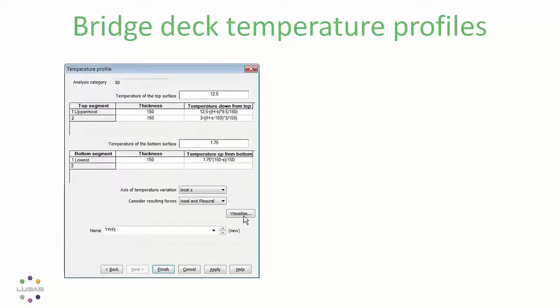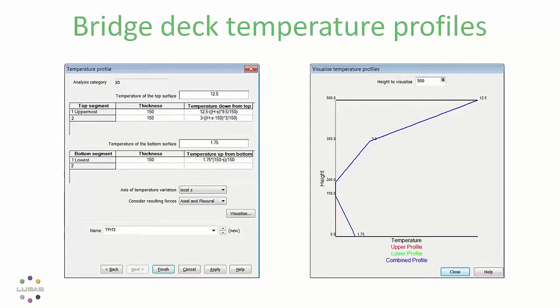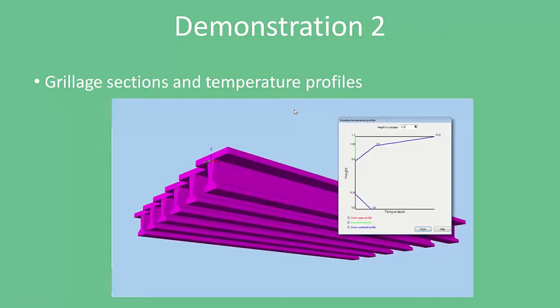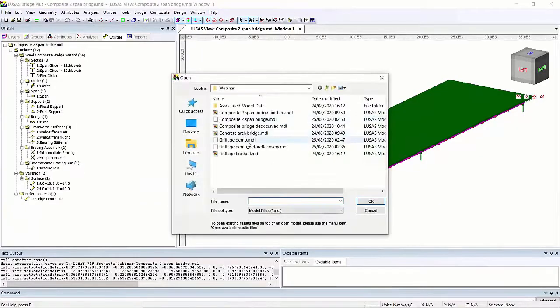Now, if one of your design codes isn't available to you, we've also got the generic facility where you can set up your own nonlinear temperature profiles, and you can then view those temperature profiles on the visualization that I'm showing you here. So yes, we've supplied some design codes, but you can also use the generic facility for looking at any design code. Now, what I want to do is just have a look at these girder sections and the temperature profiles. So if I go back to the modeler, I'm just going to open up a pre-prepared model that I've got here.